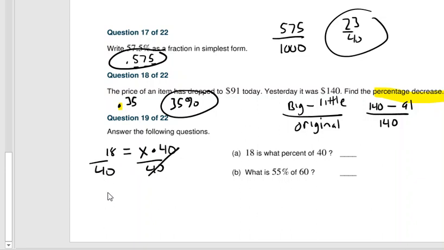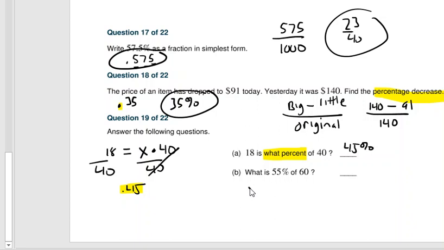So 18 divided by 40 is 0.45. Now the only thing we have to remember here is this asks for what percent, and this is a decimal. So to change 0.45 to a percent, we would multiply by 100. So 18 is 45% of 40.